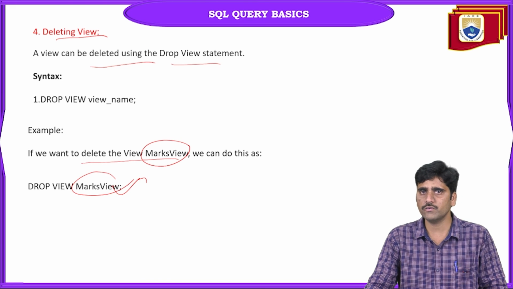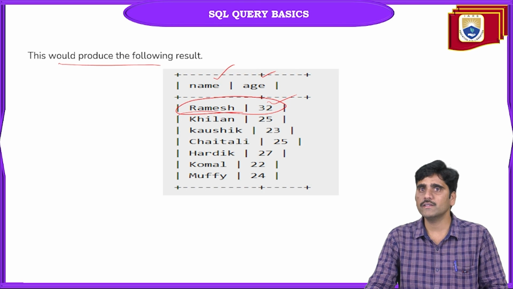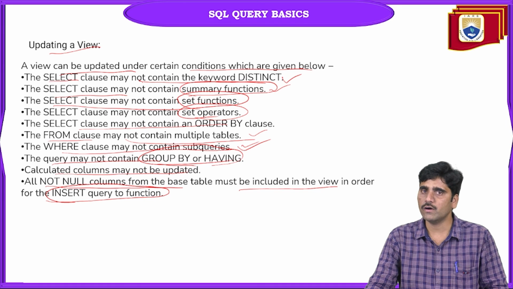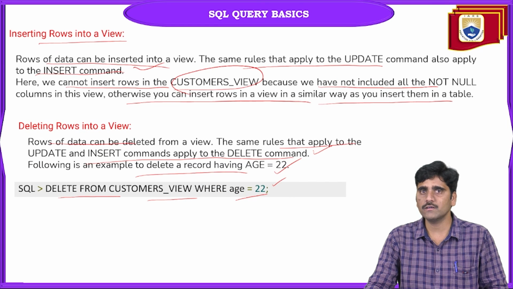And then deleting the view, dropping the view, how to update the view, how to insert records into the view, and how to delete records from the view. So creating the views, updating the view, deleting records from the view, and dropping the view. This is what we understood from this session.